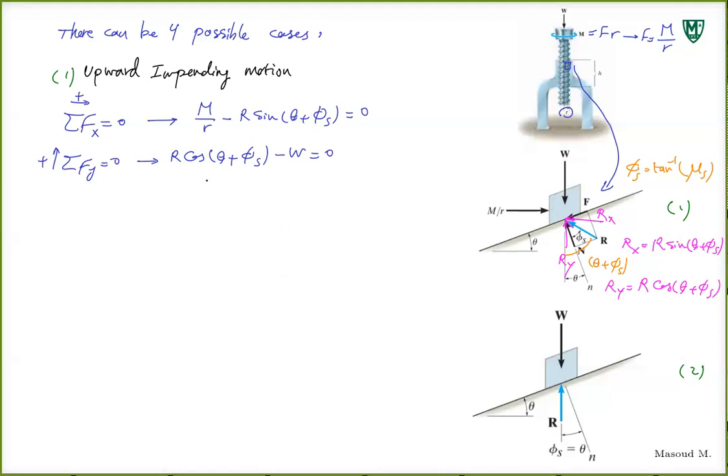Divide those two equations, and you get the tangent function. So from these two, you're going to end up having m over r is equal to w tan theta plus phi s, and from there you get m for moment is rw tan theta plus phi s.